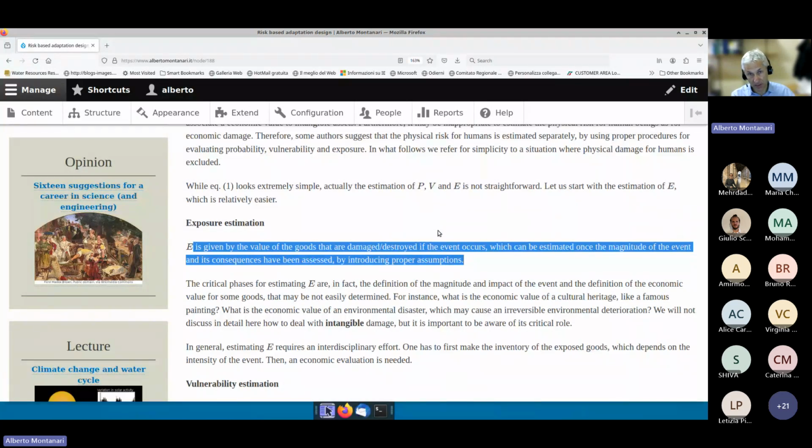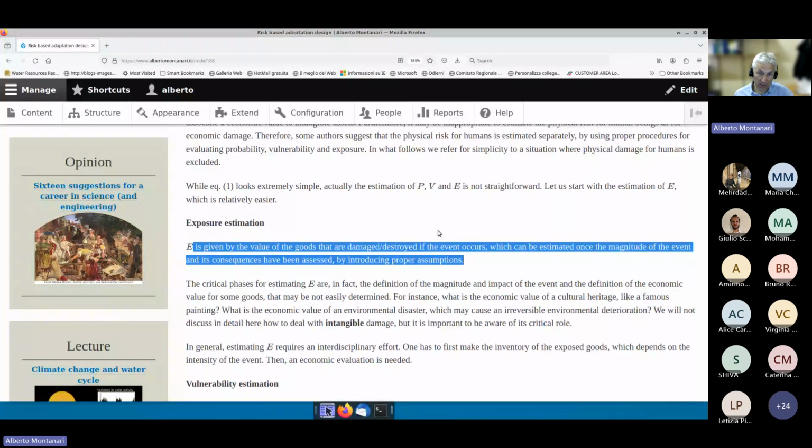It's a multidisciplinary or interdisciplinary exercise, because of course the definition of the event, of the magnitude, is something that can be dealt with by engineers or by earth scientists in general. But when it comes to the estimation of the number of buildings that are destroyed, it's still a task for the engineers, but it also includes some more expertise than that of the engineers.